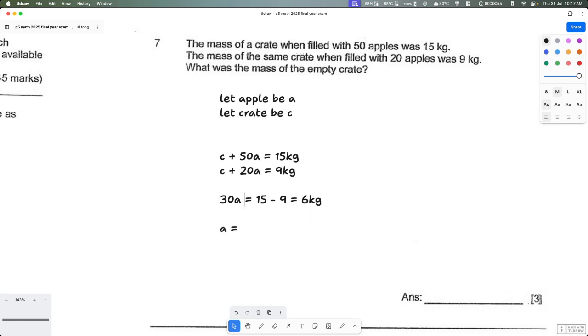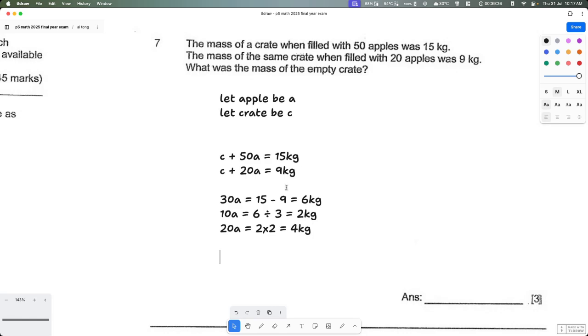Okay, let's make it simpler. Let's have 10 apples, divide by 3. So for 10 apples we have 6 divided by 3, and this will give us 2 kilograms. And then 20 apples is equal to 2 times 2, which will give us 4 kilograms.